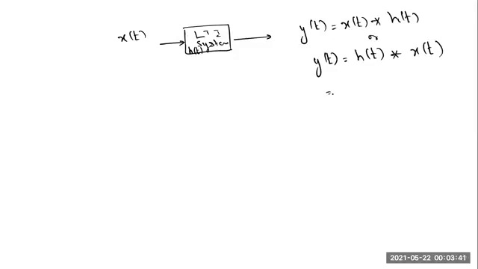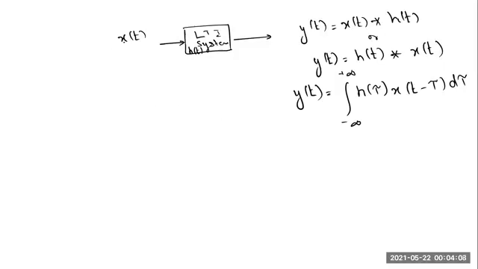What is this convolution operator? If you expand it, you have to solve this integral from minus infinity to plus infinity of h of tau x of t minus tau d tau. This is something we already know from chapter 2, which we have covered in our previous lectures.